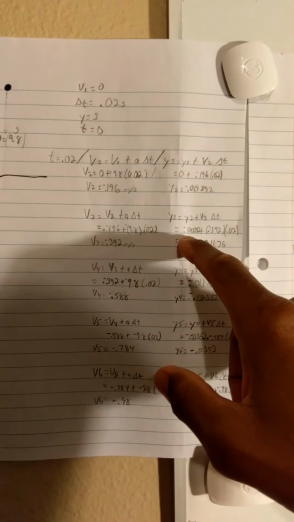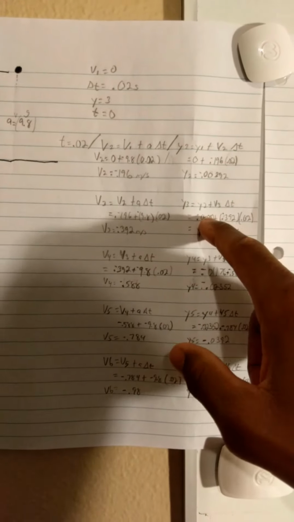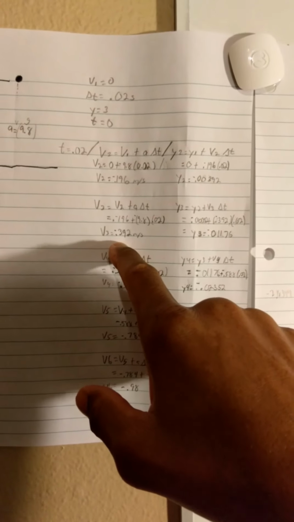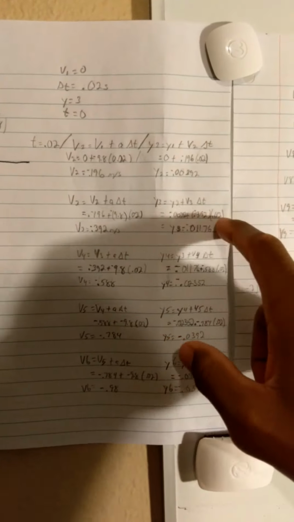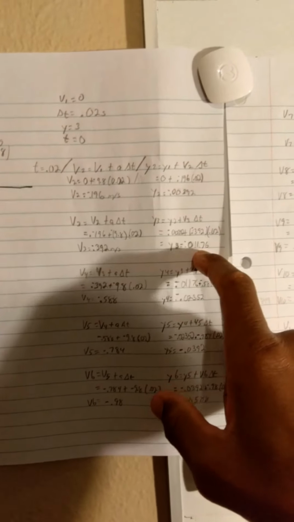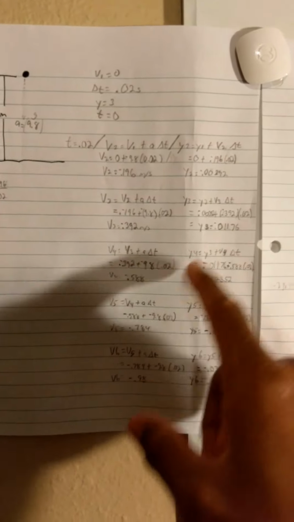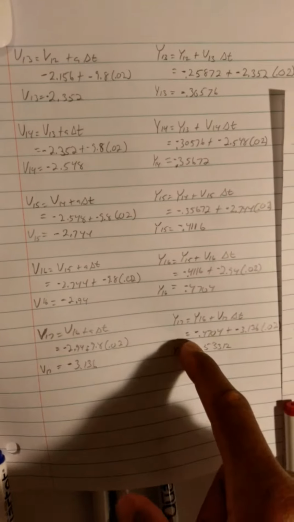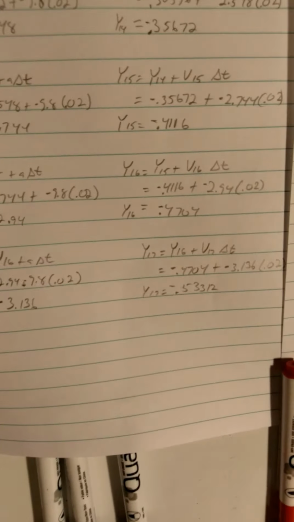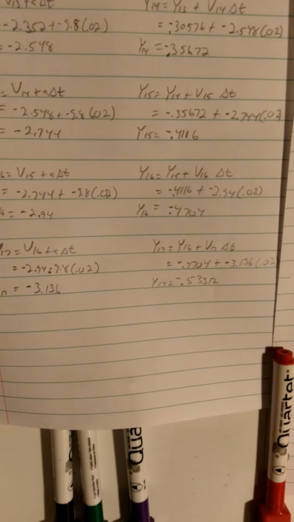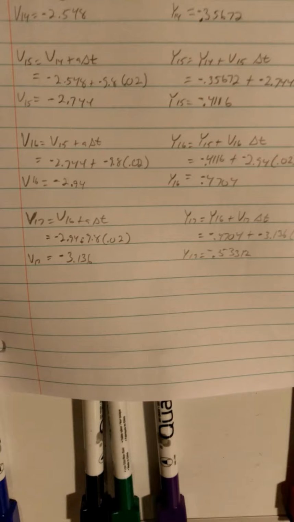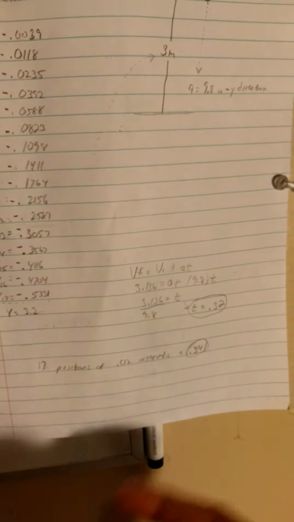I took my y2 from here, plugged that here, my v3 from here, plugged that here, times change in time to get my y3. So I continued this for v4, y4, y5, all the way until I got to v17 and y17. And these were my final data points that gave me my last bit of data to plug into this formula, which of course is a kinematics equation.